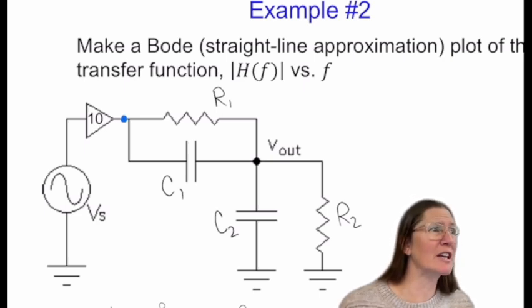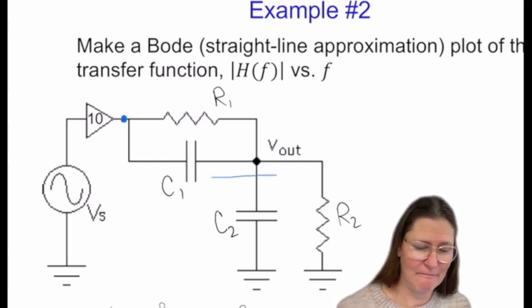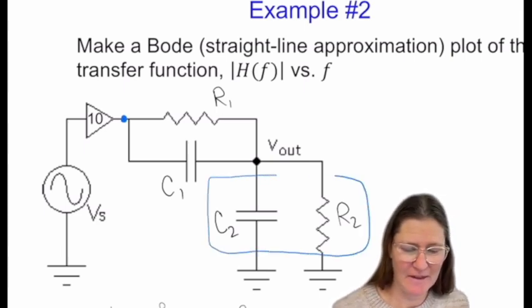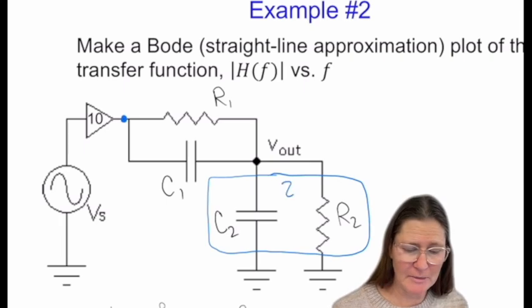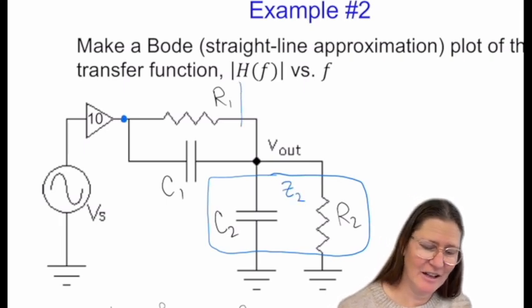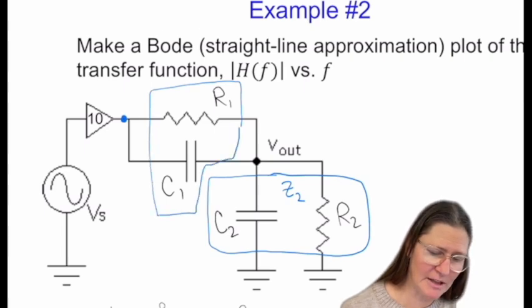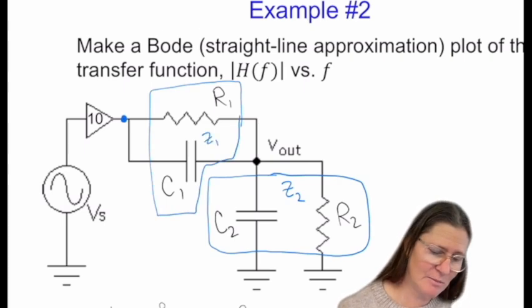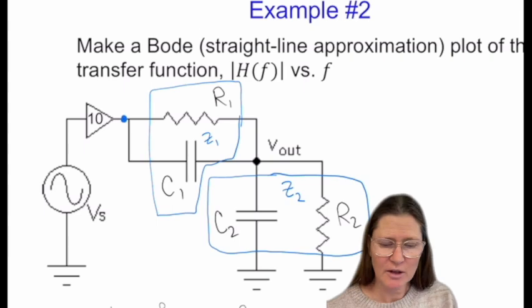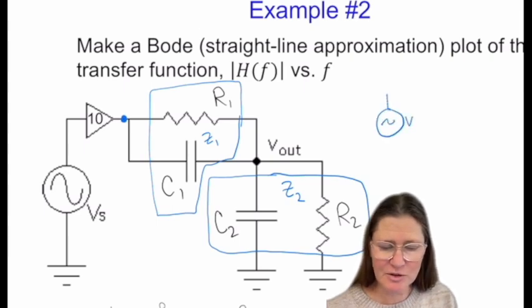If I'm thinking of them as resistors, impedances, can I combine them? I can combine them as a parallel value, and I could call it maybe Z2. Same thing here. I could combine these as elements in parallel, and call it Z1, which then is going to simplify this.